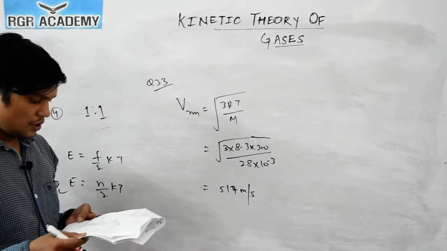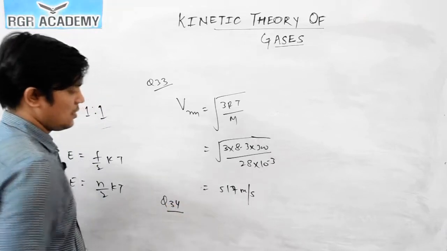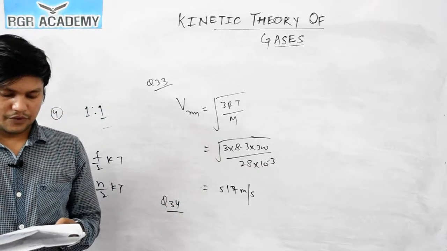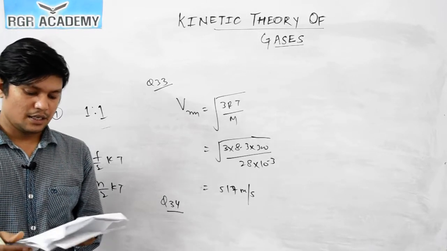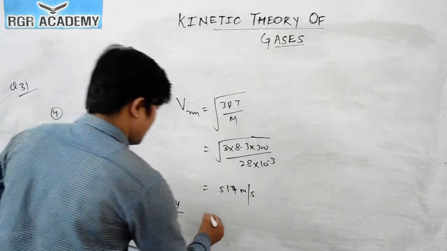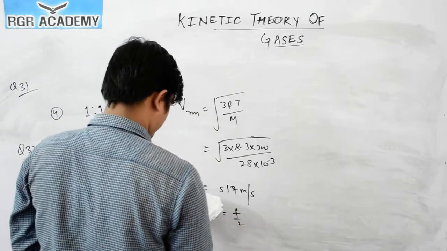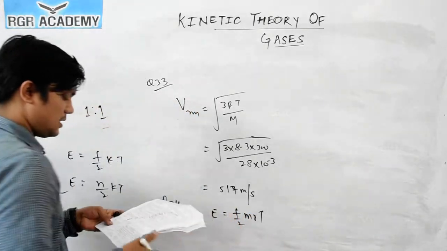Now we will move on to question number 34. In question number 34, the kinetic energy of translation of 20 gram of oxygen at 47 degrees Celsius is, so kinetic energy we know is given by F by 2 m into small r into T, where small r means R by m.